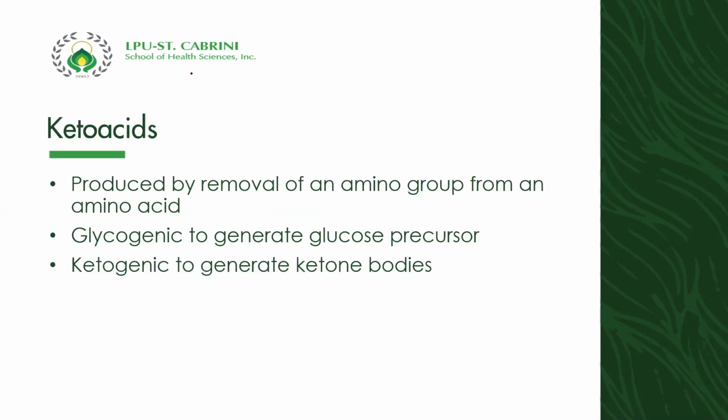We have what we call keto acids. What do we mean by keto acids? Keto acids result from the removal of the amino group from an amino acid. When we say amino group, di ba, amino group is C double bond O NH2. That's our amino group, right? The removal of the amino group leads to a carbon-oxygen double bond, and as we all know, a carbon-oxygen double bond refers to the functional group ketones.